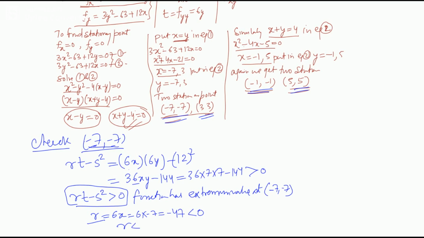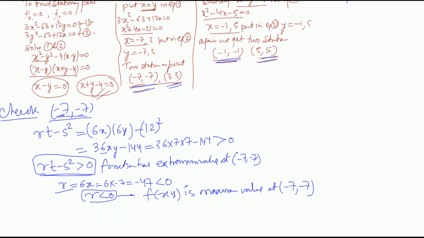So r is less than 0 and rt minus s square is greater than 0, so we can say the function f(x,y) has a maximum value at the point minus 7, minus 7. The maximum value of the function there, you just substitute in the function, and we get 784.